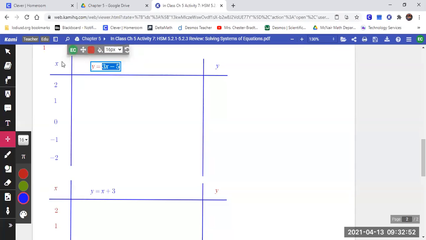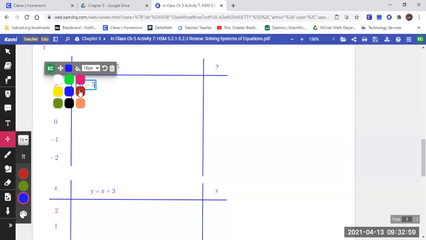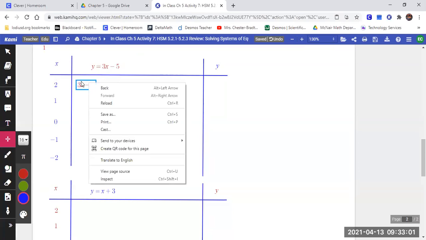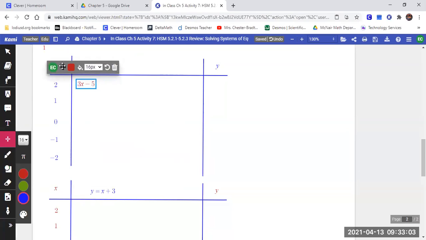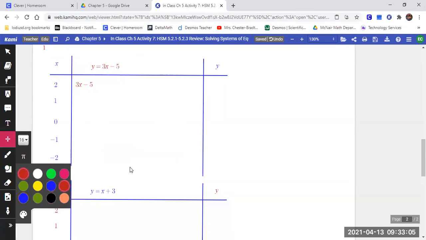So I'm going to copy it and I'm going to paste it down here, right? And then I have to change what thing in it? What needs to change in it? Okay, and what are we changing the X to?